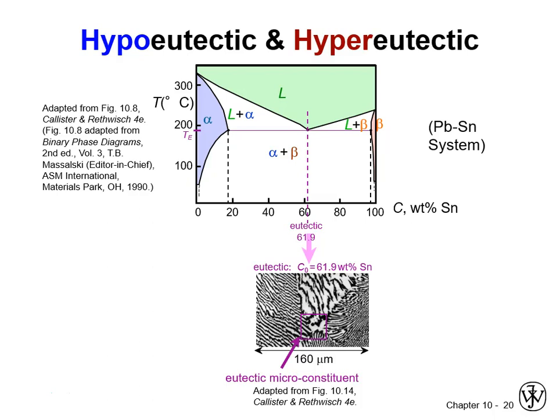So in this case, any alloy that has less than 61.9% tin would be a hypoeutectic alloy, and anything more would be a hypereutectic. If you're right on the eutectic composition, you will say this is eutectic lead tin.